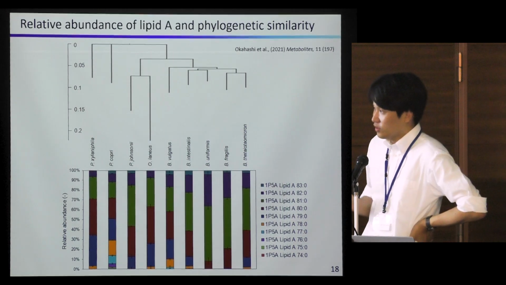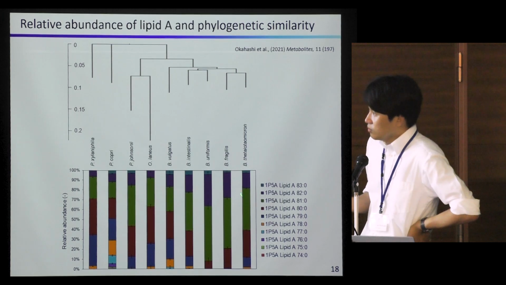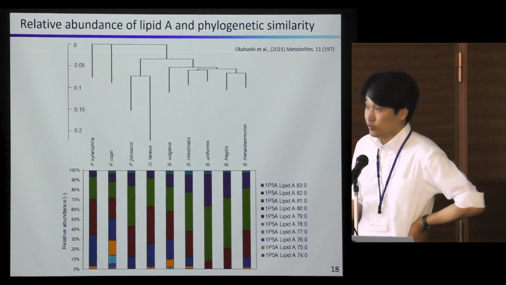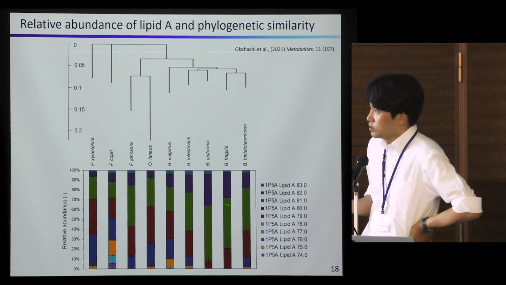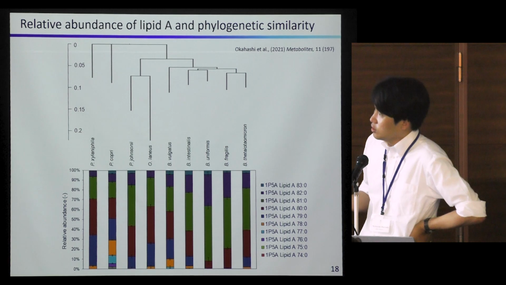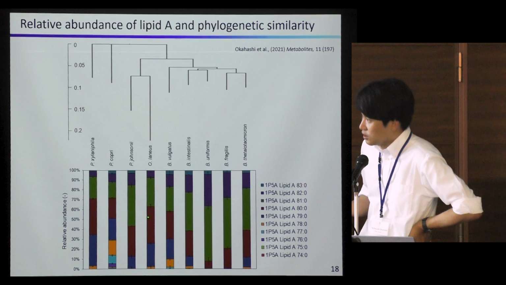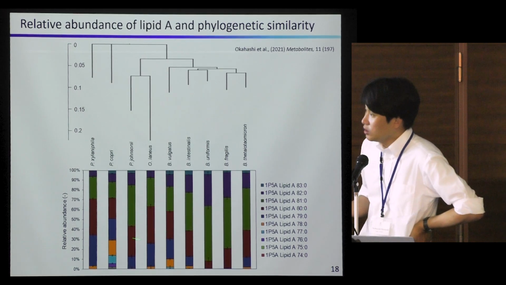So we compared the composition of the lipidome molecules, and we can see here that the composition clearly correlates with the phylogenetic classification, because the common Bacteroides strains have this green one as the most abundant species, but the other Bacteroidetes have other types shown, like this 18:0.